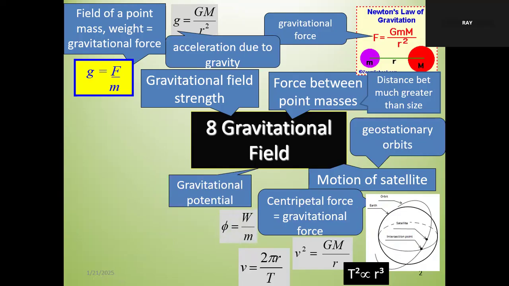Gravitational potential, a bit more challenging. That's the definition. There's a formula: around a uniform sphere, distance r away, mass of sphere is m, and gravitational potential energy, if you like, at the distance r above the Earth's surface, r from the center of the Earth.